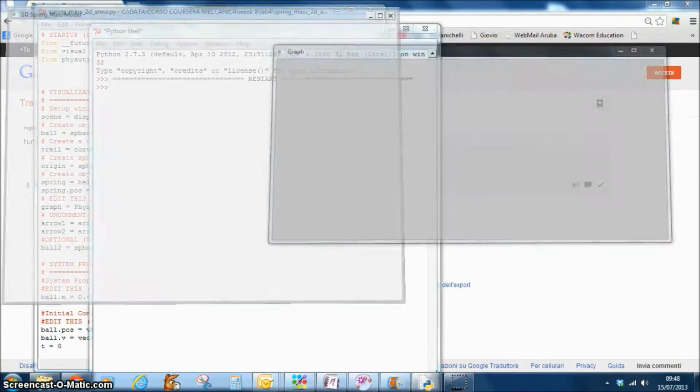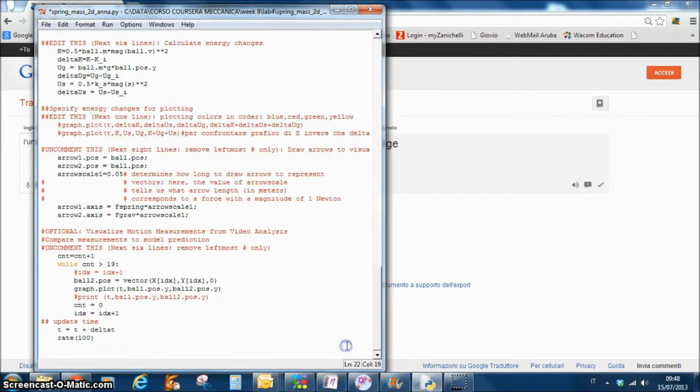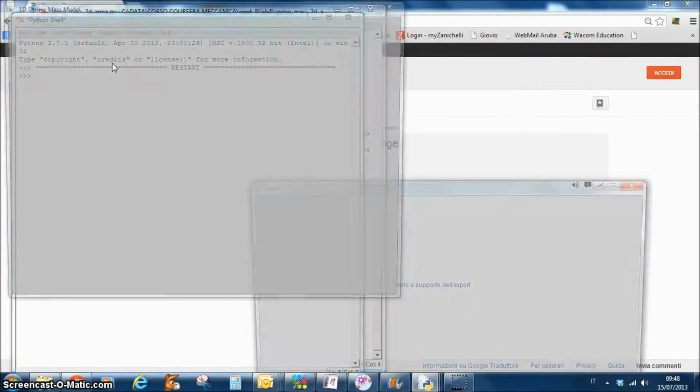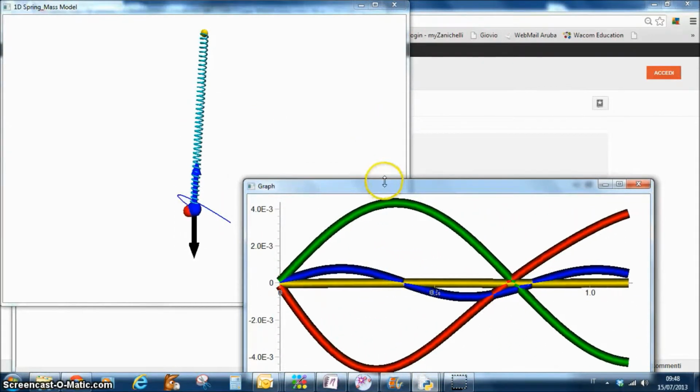If we change here and here, we can plot the energy changes computed in the model.